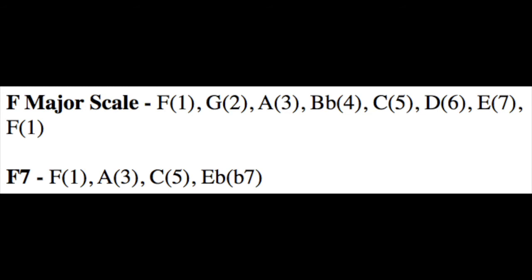Okay, now let's do the same thing with F. So we have F, G, A, B flat, C, D, E, and F in an F major scale. Once again, we're going to take 1, 3, 5, then that 7 down a half step. So instead of an E natural, now it's an E flat.